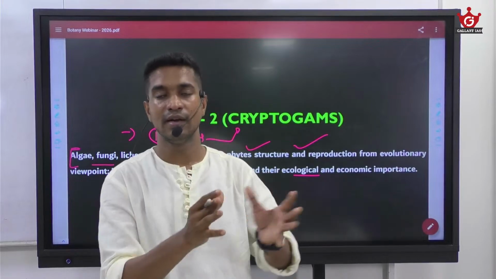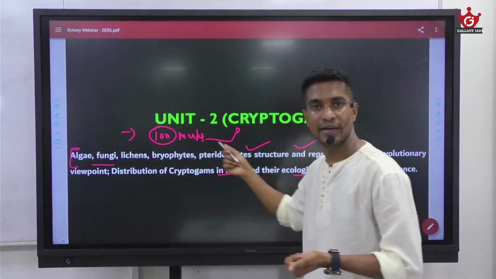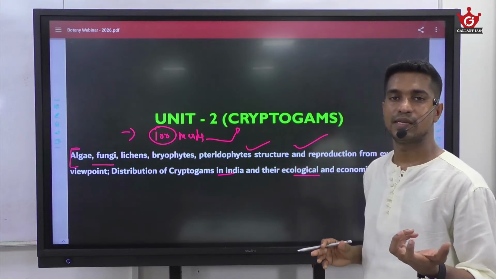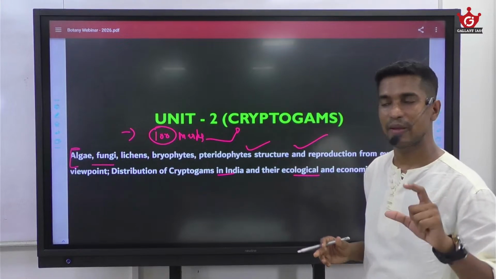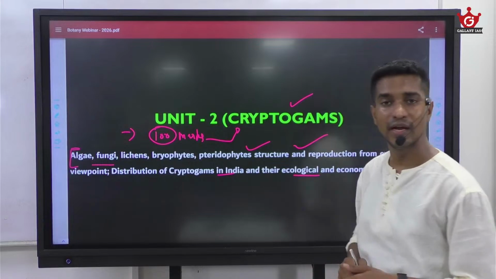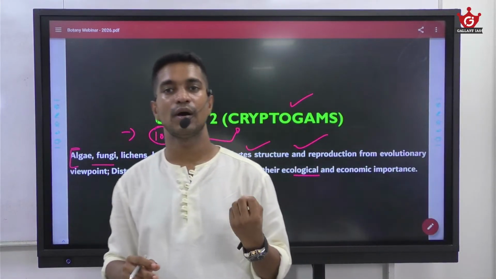While analyzing the previous questions, in every paper 1 at least a 100-mark question is asked from the cryptogams. That is why I am mentioning that this is the most important unit.